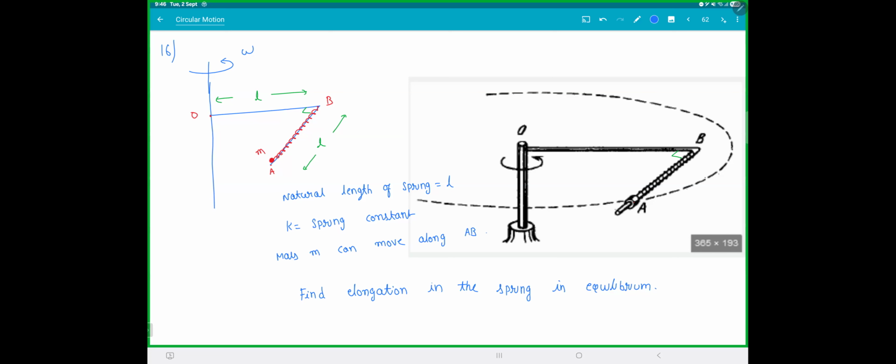Anyone not clear with the picture, please ask me.